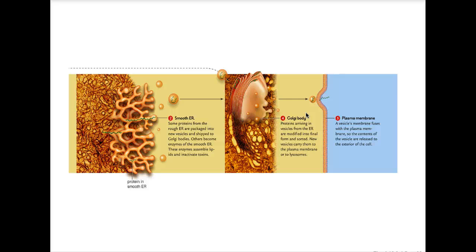And you can see at step 5, an internal vesicle that has budded off of the Golgi body, merging with the plasma membrane. And that green polypeptide is being dumped externally outside of the cell.